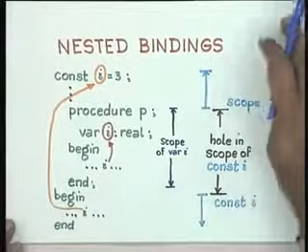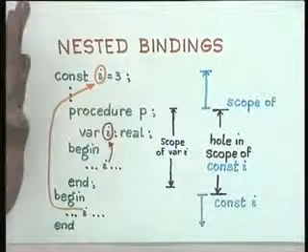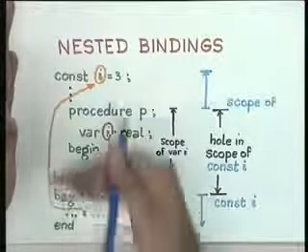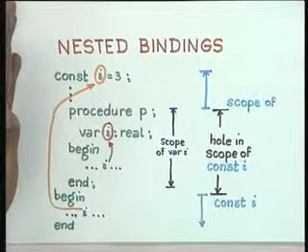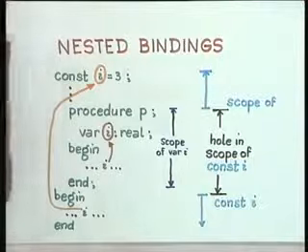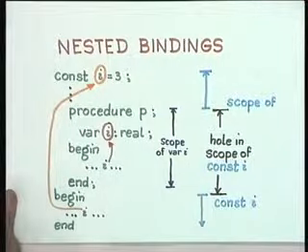So a scope just gives you an extent in the program text, in the case of what are known as statically scoped languages, over which a binding occurrence applies, right.